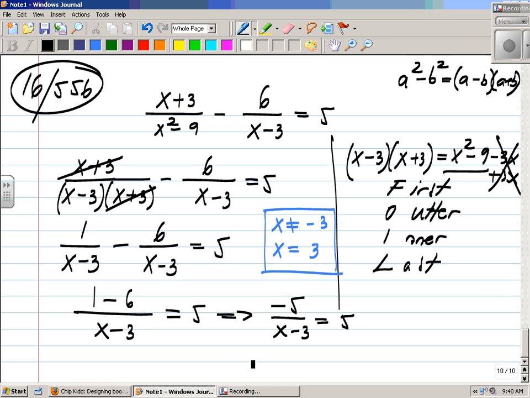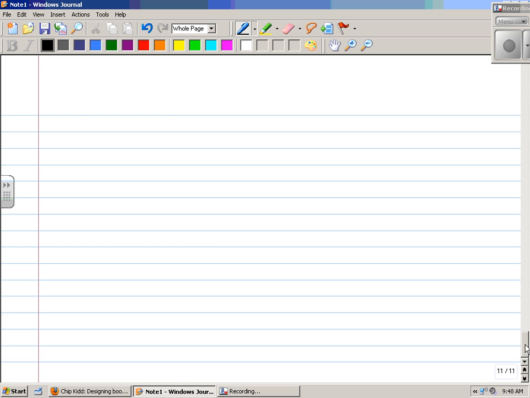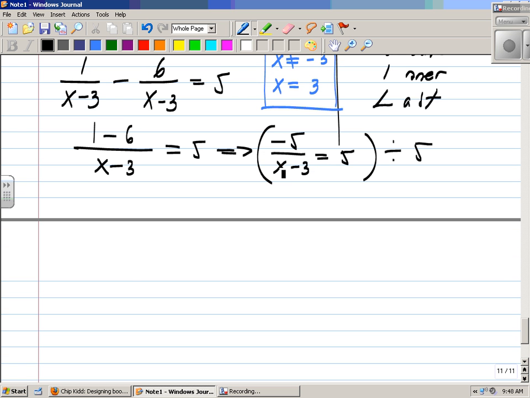What should I do next? I will divide by 5. I got negative 5 and 5. If you divide everything by 5, you get negative 1 over x minus 3 equals 1.